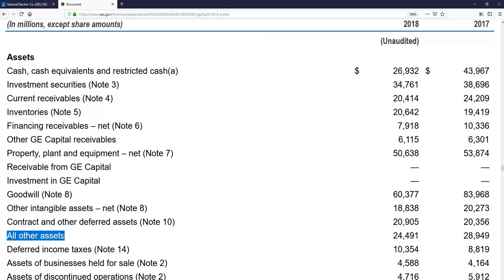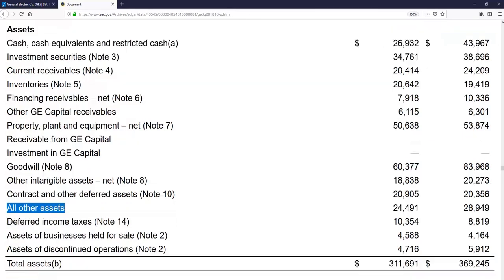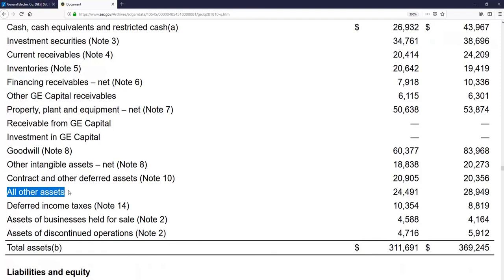Now you see this all other assets does not have a note here, so I don't know if I want to include that because we don't know what it is, and it's a fairly large number. We know that property, plant, and equipment, we get that, right? Those are buildings, equipment, so forth. Other intangible assets, like I said, we can look at the note down there, but this all other assets, we have no clue what that is. I'm going to be very careful not to include that because, hell, it might be zero. We don't know what it is.